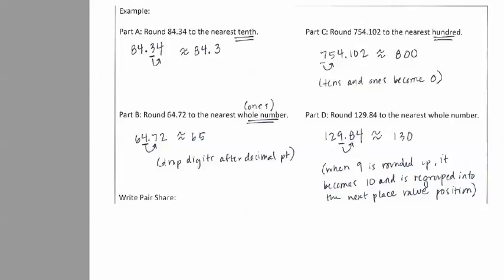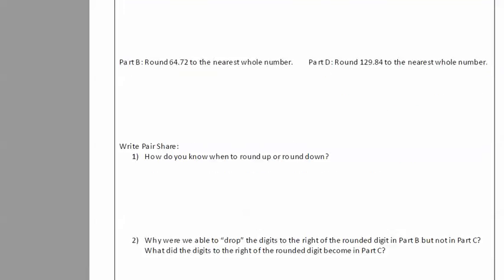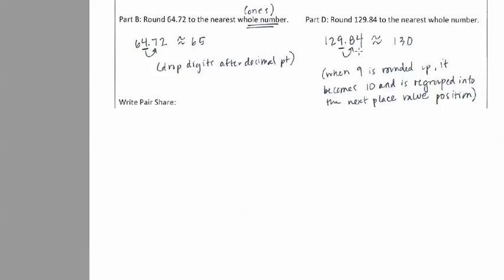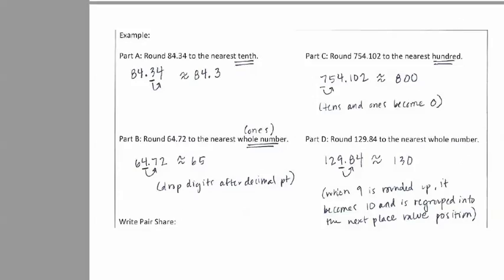Some students are still missing that. Then the third question: how do you know if you have to change more than one digit? This is the last part that kids are still struggling with, when you have to round up a 9 and change more than one digit. So I am identifying some major misconceptions in these first four practice problems. You're going to model this, and students are then going to write their responses to those three questions below.